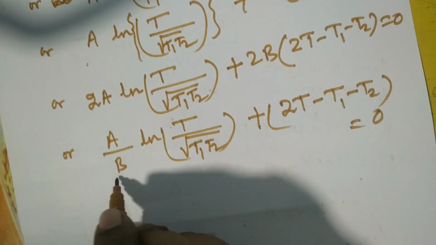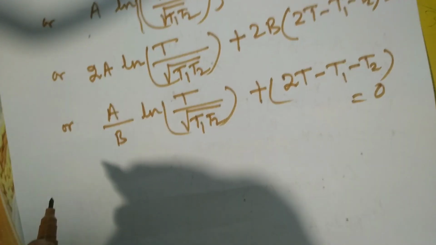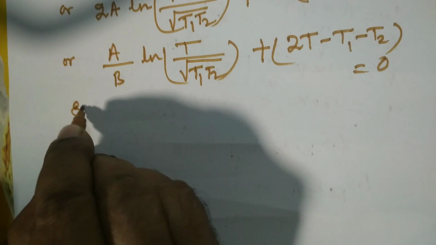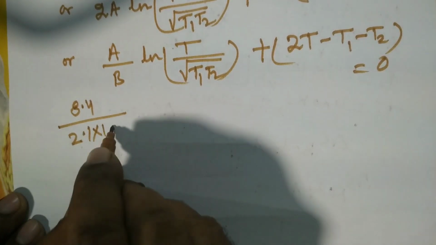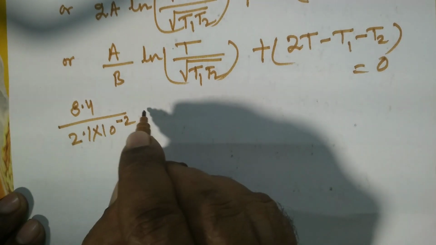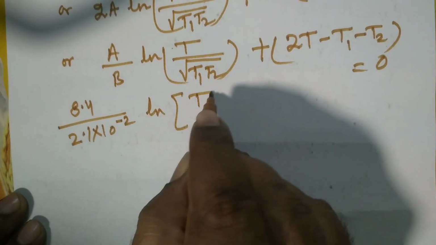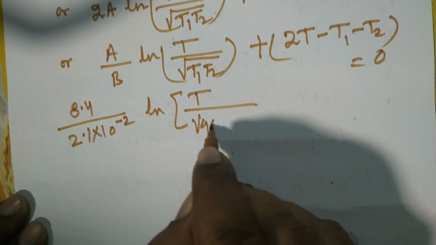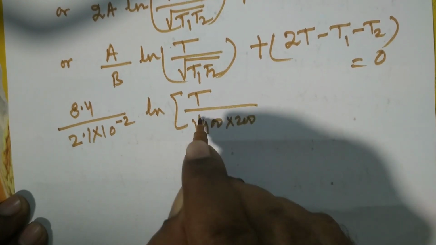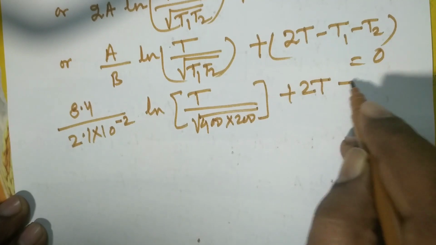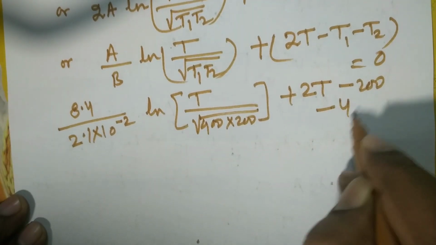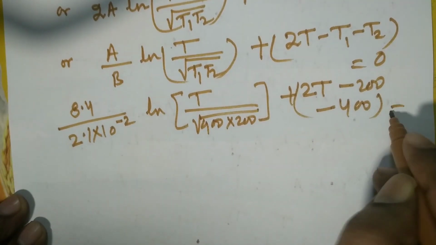And putting the values of A and B, 8.4 by 2.1 multiplied by 10 to the power minus 2, ln T by square root of 400 multiplied by 200, plus 2T minus 200 minus 400 equal to 0.